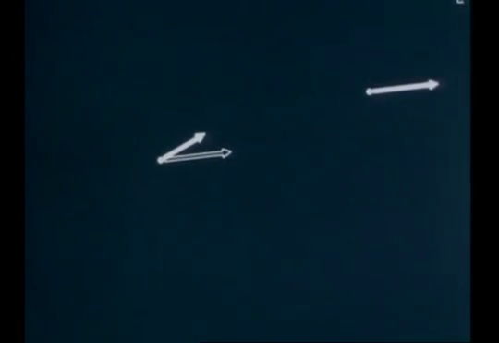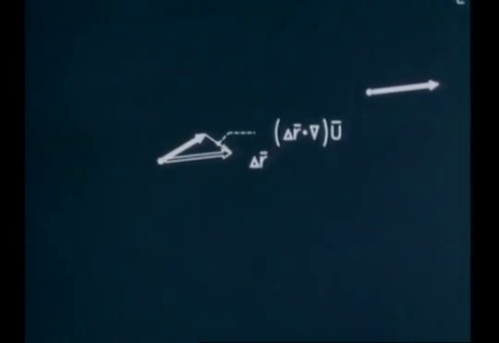The total change, when it arrives at the right-hand point, a vector distance delta r away after a time delta t, can be written as the vector distance traveled times the gradient of the velocity. The distance traveled is just the time difference times the velocity.